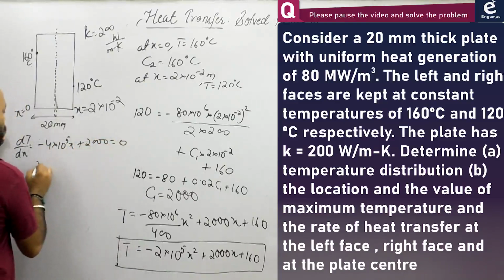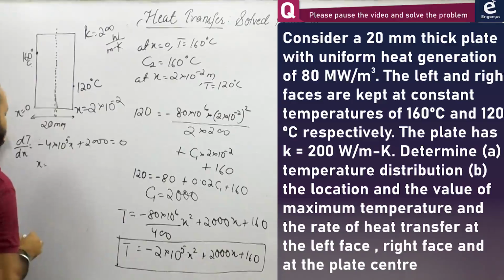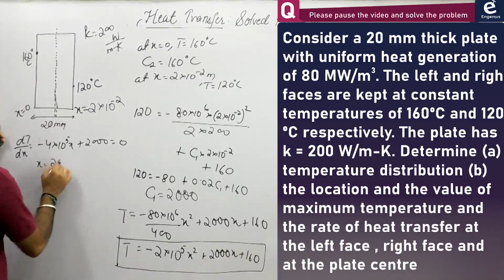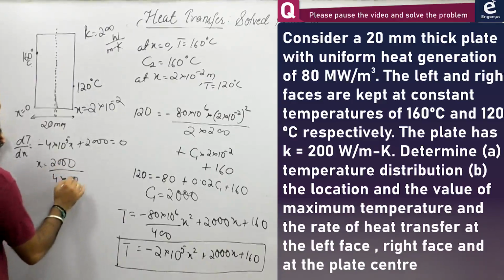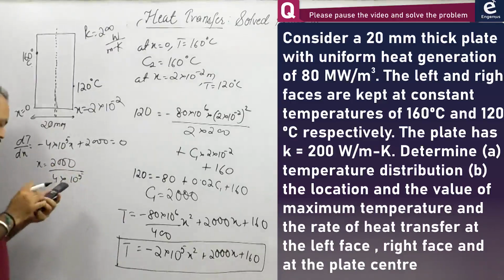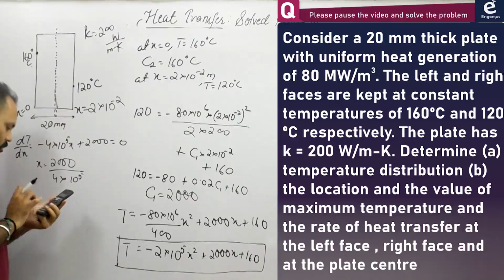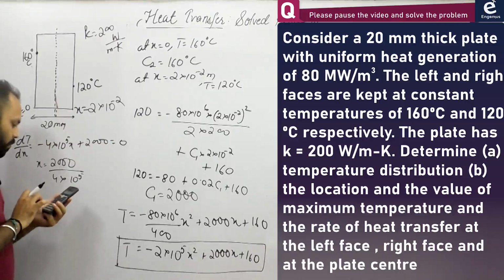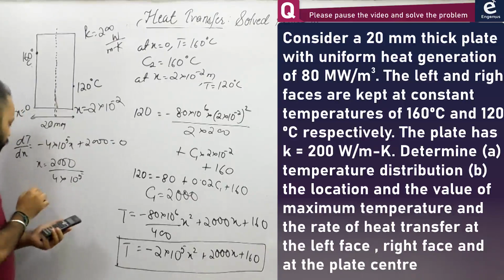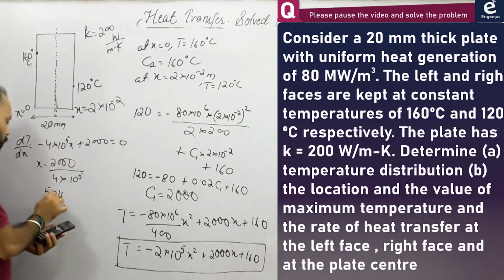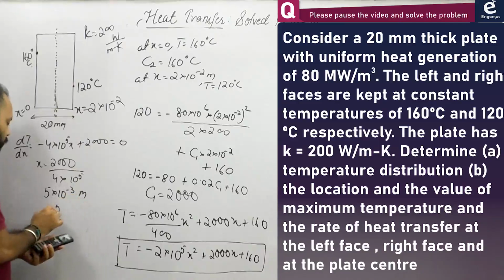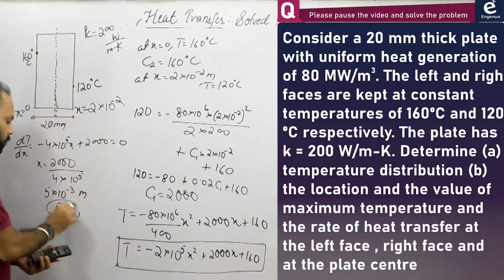So x is equal to 2000 divided by 4 into 10 power 5. Let's see, this answer will be in meters, of course. So 2000 divided by 4, and it is coming out to be 5 into 10 power minus 3 meters, which means 5 millimeters.